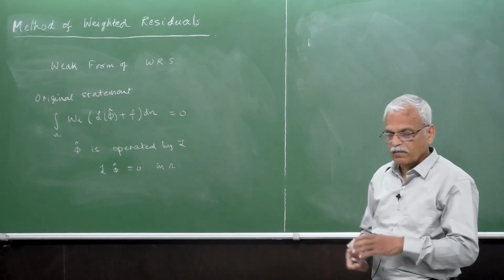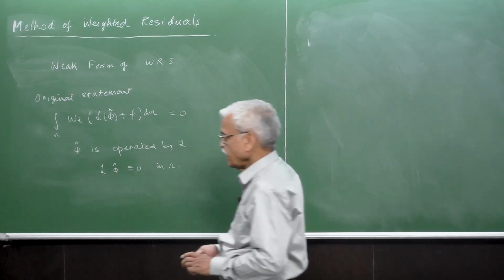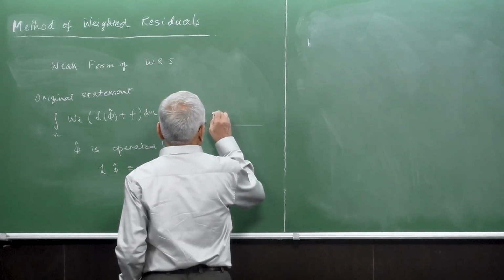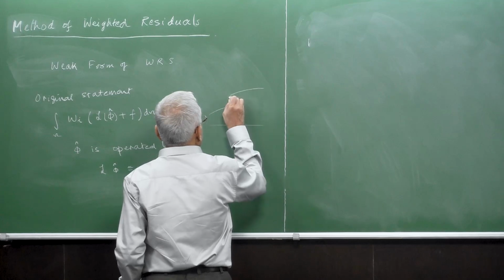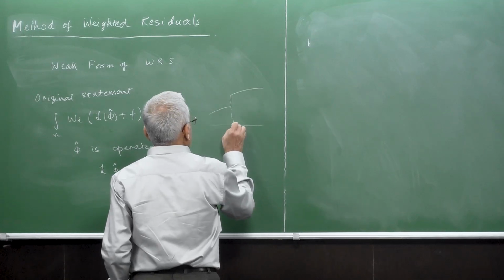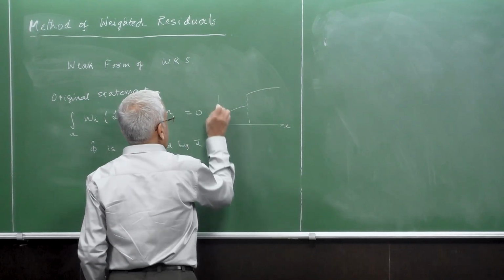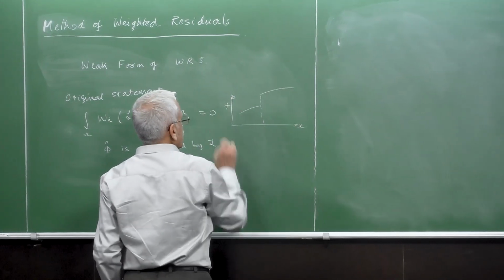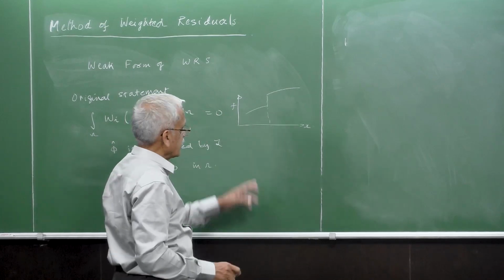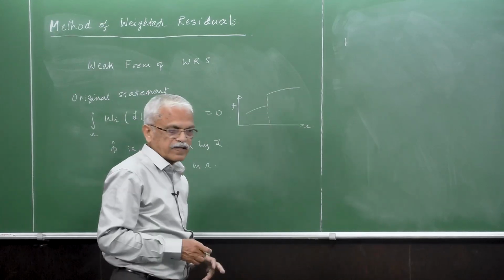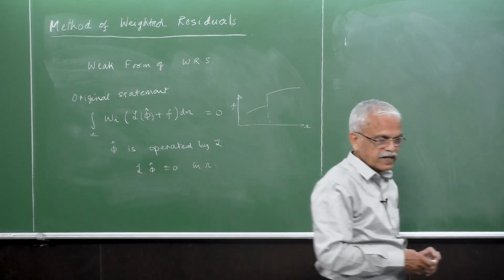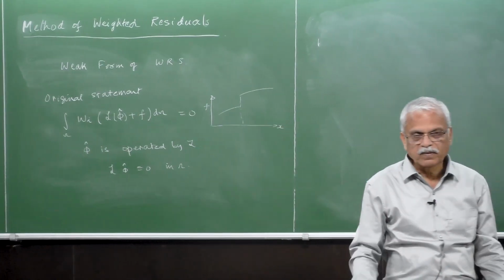Or what we mean is that there should not be any discontinuity. Something like here. If this is the function here, the function should not have any discontinuity, and the function should be well defined.